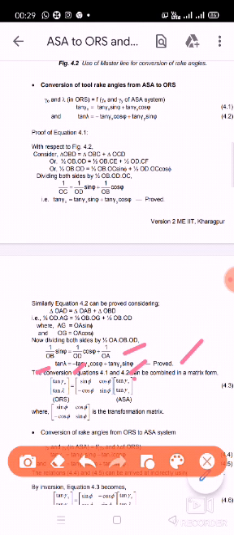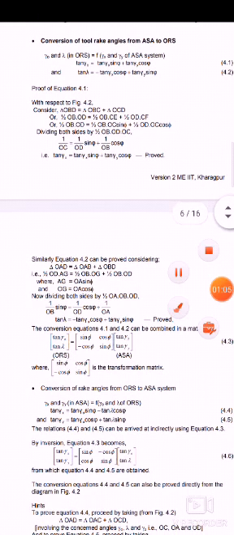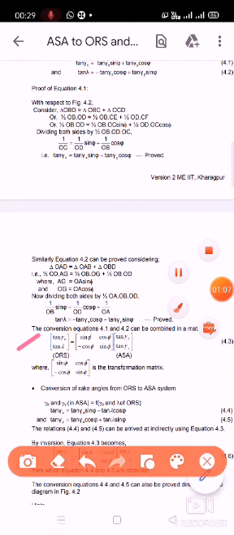Okay, now you have to write this matrix. You can see the left part is ORS and the right part is ASA, and this is called the transformation matrix.